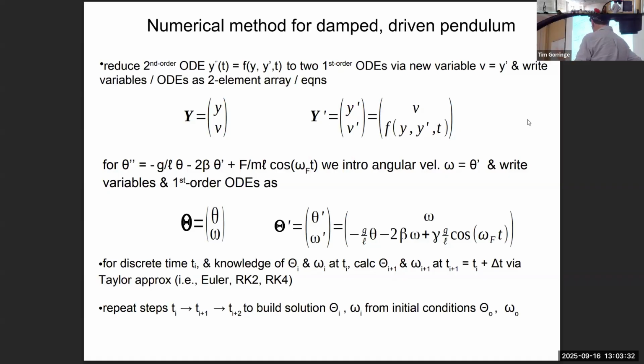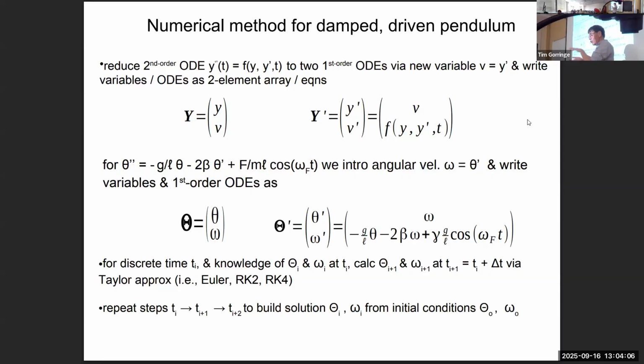When we solve that numerically, we decompose the second-order differential equation into two first-order differential equations by introducing a new variable that has some physical significance. We define a new variable as the first-order differential of the dependent function. The dependent function upstairs is y, so we define a new variable, call it v for velocity, which is the first-order differential of y.